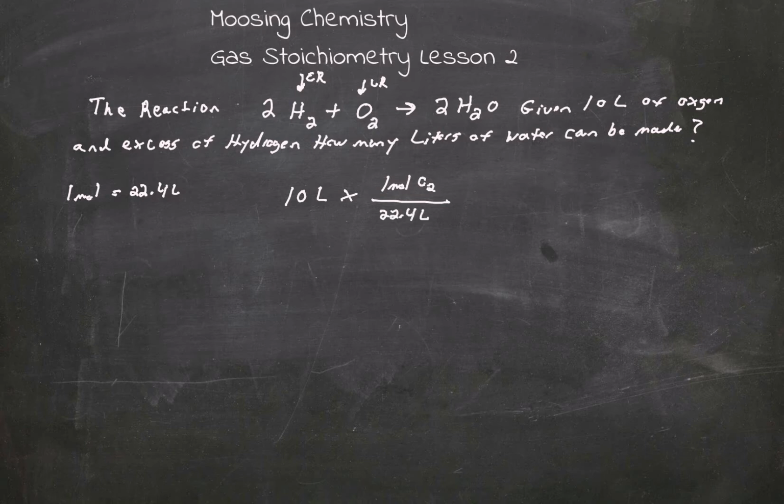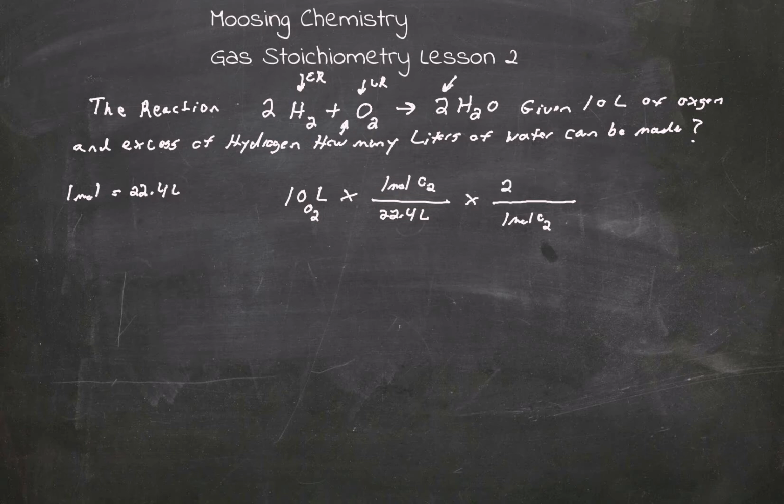So we're going to convert our liters of oxygen into moles of oxygen. Then we want to convert using the molar ratio, which we learned earlier in stoichiometry. There is 1 mole of O2 to 2 moles of H2O.